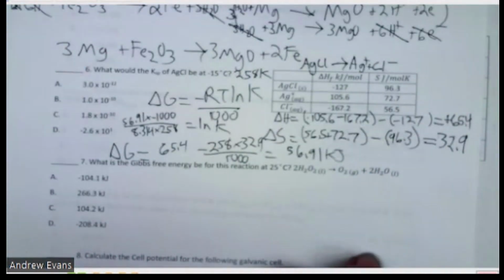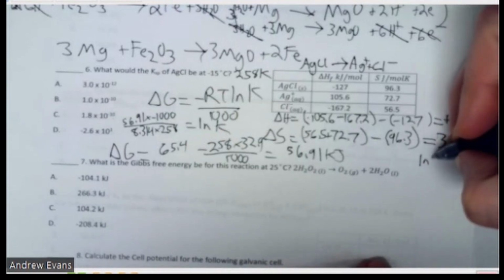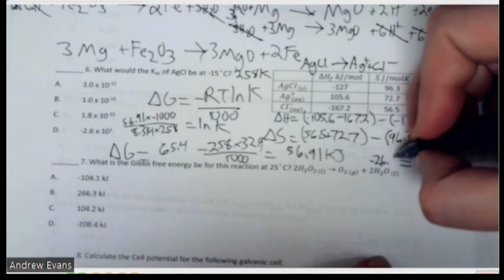So plugging this back in: 56.91 times negative 1,000 divided by 8.314 and 258. All that equals ln K. I'm running out of room. ln K is equal to negative 26.5.